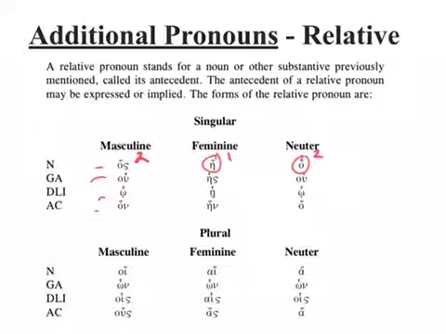I don't know the whole issue with that, but actually, I can't even say that because articles like ton, with the tau at the end, they can act as a relative too. But the main thing is knowing that there are relative pronouns, which are which, who, and that, and these are those, and they follow the second and first declensions. Second for masculine and neuter, and first for feminine.